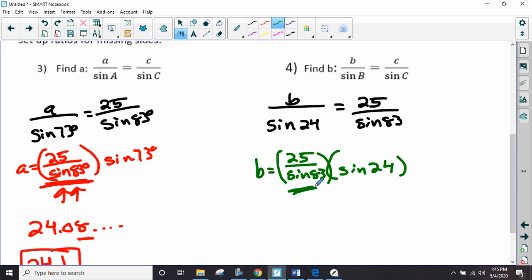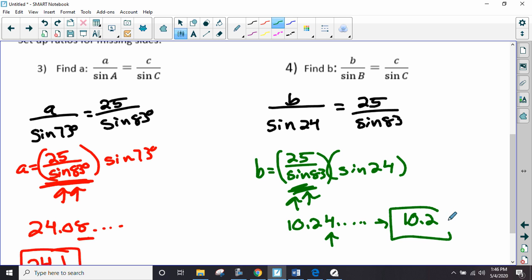Again, I'm doing this part first. 25 over sine of 83, times sine of 24. This gives me 10.24. Looking at this number, it's not bigger than 5, so this is my answer.